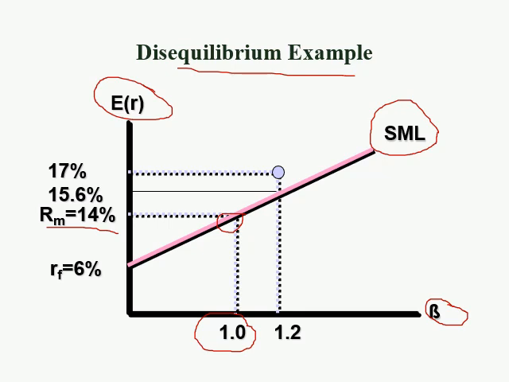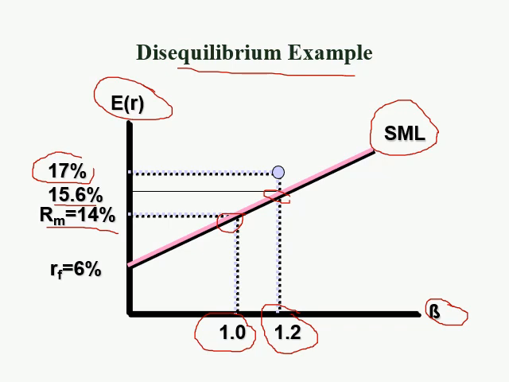If we are in an equilibrium situation, when the beta, or systematic risk, of the stock is equal to 1.2, the fair return of this stock must be equal to 15.6%.